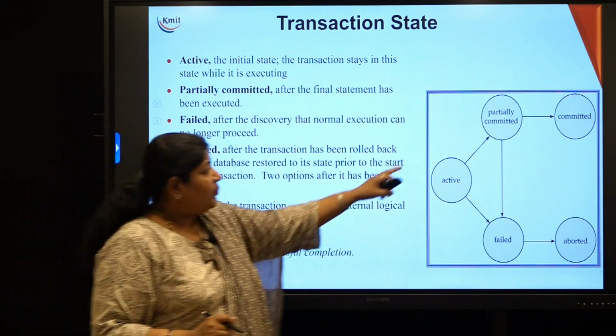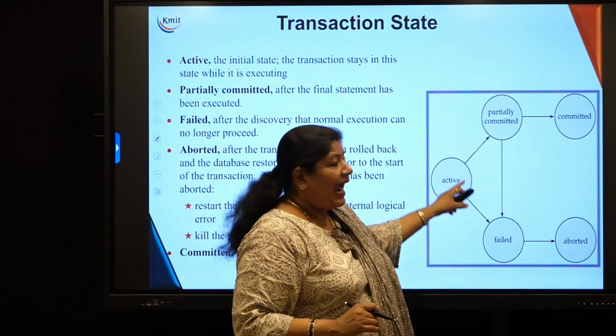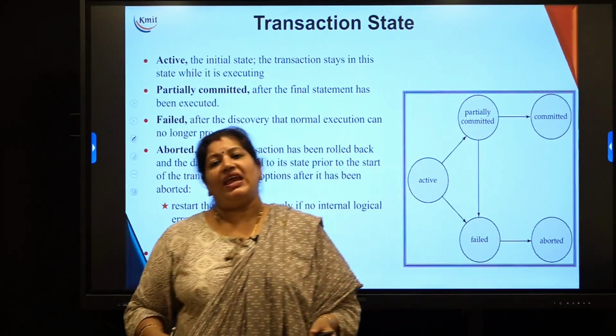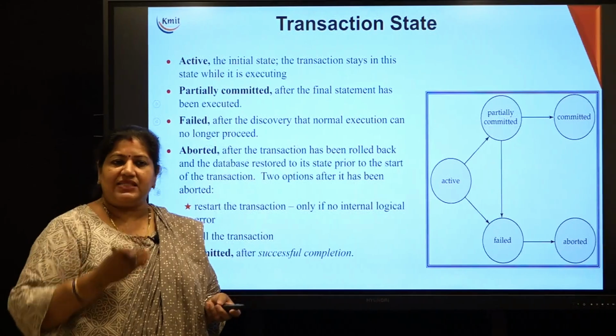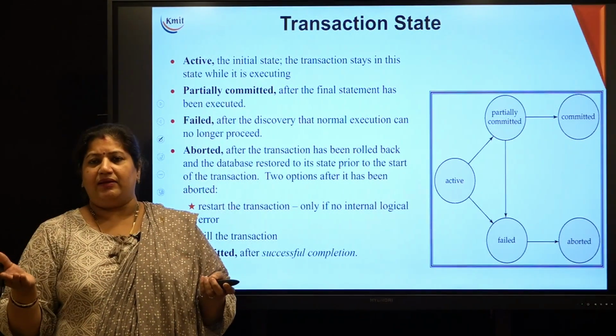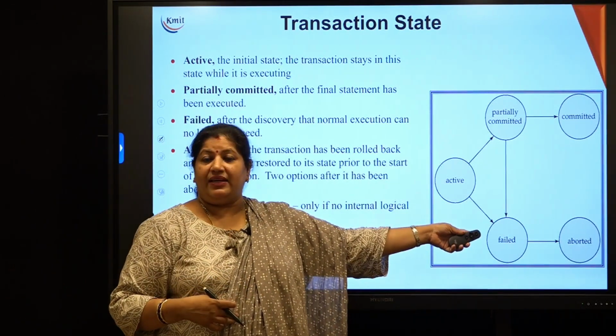Now, during this partially committed state, before the final commit, at any moment the active transaction may come into a failed state due to various reasons which we discussed earlier: system crash, power failure, disk failure, whatever it is, it may come to a failed state.